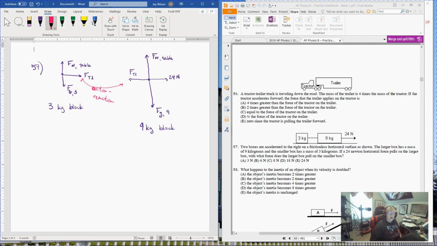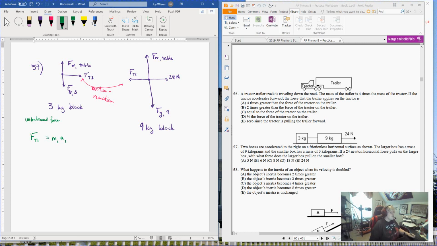So, how in the world are we going to figure this out? They say 24 Newton horizontal force pulls on the larger box. With what force does the larger box pull on the smaller box? Well, what I'd like to do here is go, okay, force tension 1, this is my unbalanced force, is equal to mass of block 1 times acceleration of block 1.